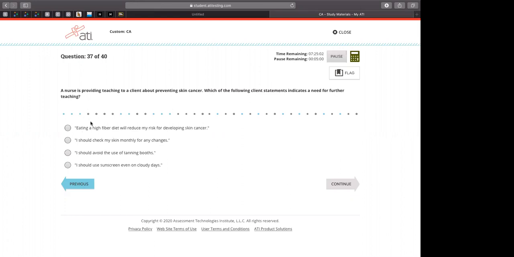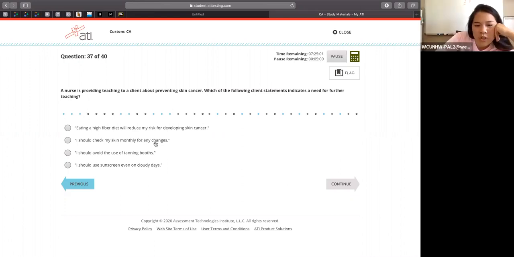Colon? Yeah. I should check my skin monthly. Should you be checking your skin monthly or every day? Or every week, maybe? Every month? That's a little bit too far. Every week. I should avoid the use of tanning booths. Okay. I should use sunscreen every day, even on cloudy days. That's true. So A. This one, right? Why is it this one?